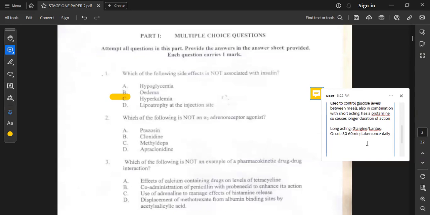Another example of the long acting is detemir. It's not a must that it's once daily. For some people, it can be taken twice daily, based on how well the sugars are controlled or uncontrolled.